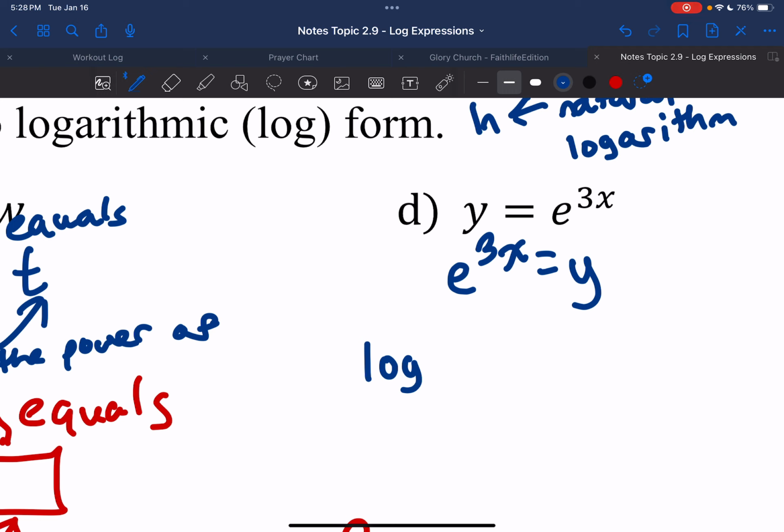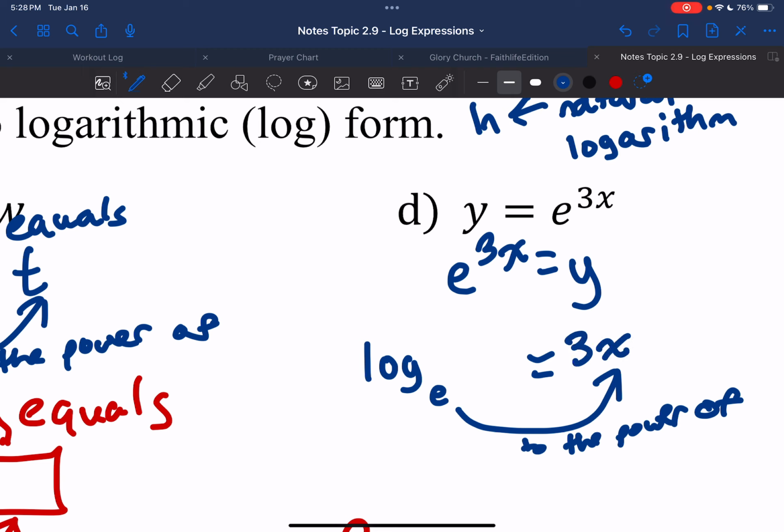So e, remember, draw my symbol to the power of. Once you get the hang of it, you don't have to rewrite it like this every time, but it's a helpful reminder. So e to the power of 3x equals y.